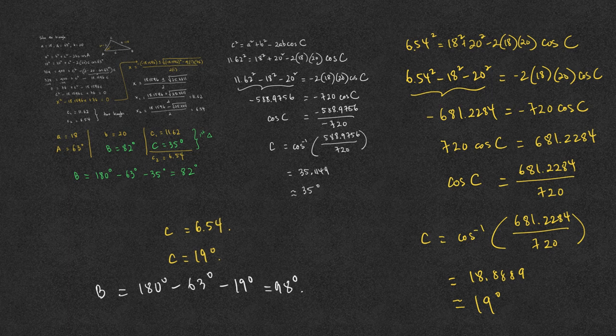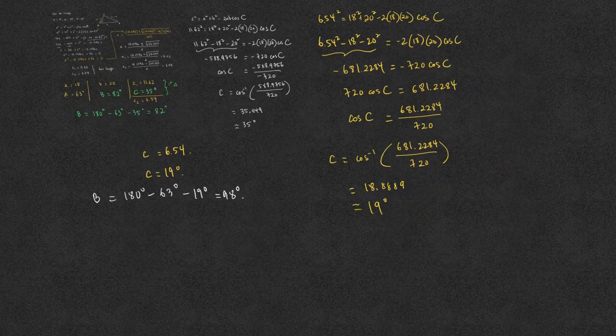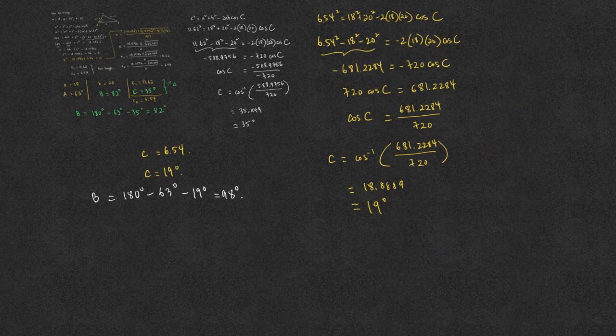And so, to summarize the result, again, we found two triangles. For the first triangle, the lowercase a is 18, the uppercase A is 63 degrees. The lowercase b is 20, the uppercase B is 82 degrees.